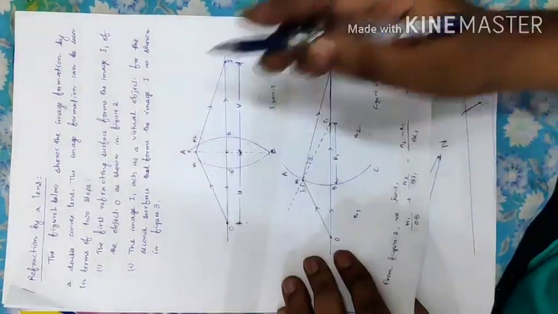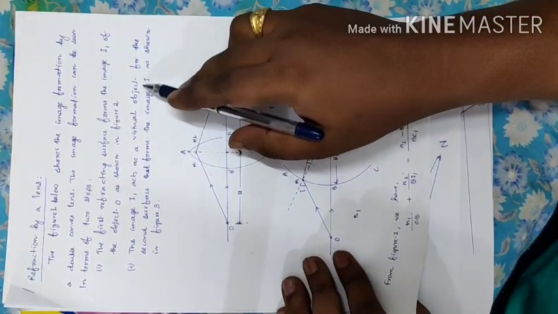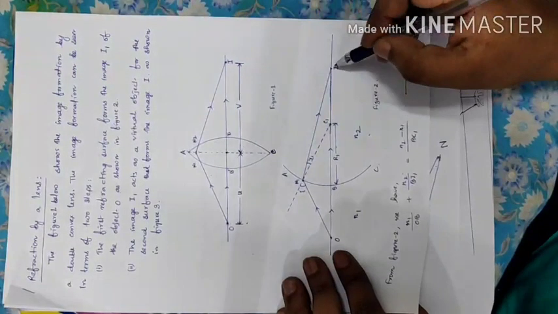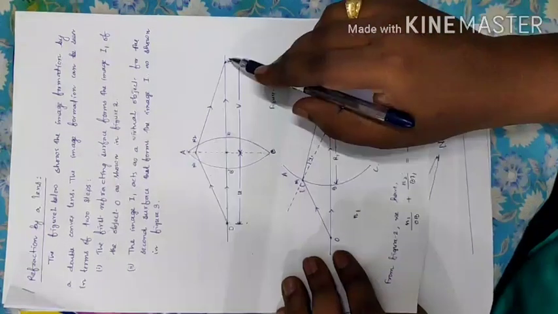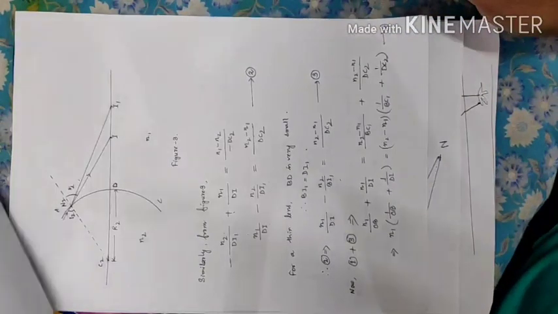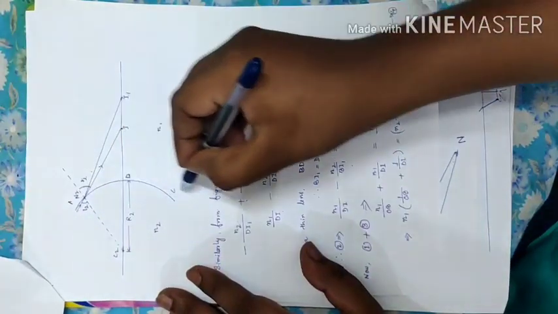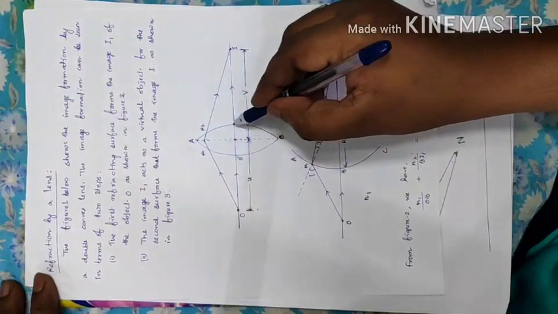Next, the image I1 acts as a virtual object for the second surface. For the second surface, it is considered as a virtual object, and finally the image I is formed. This is the second surface ADC.